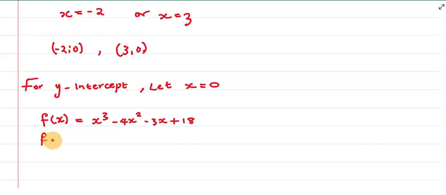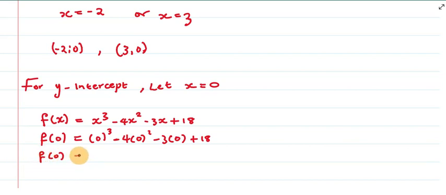So I want to find f of 0. When I see x, I replace it with 0: 0 cubed minus 4 times 0 squared minus 3 times 0 plus 18. So you see that f of 0 is equal to 18.